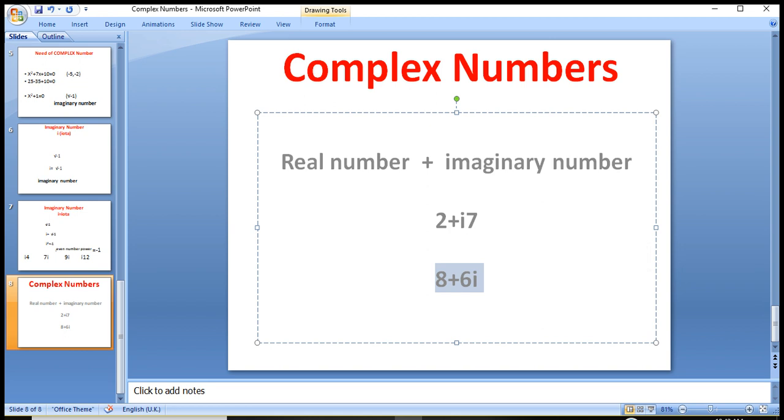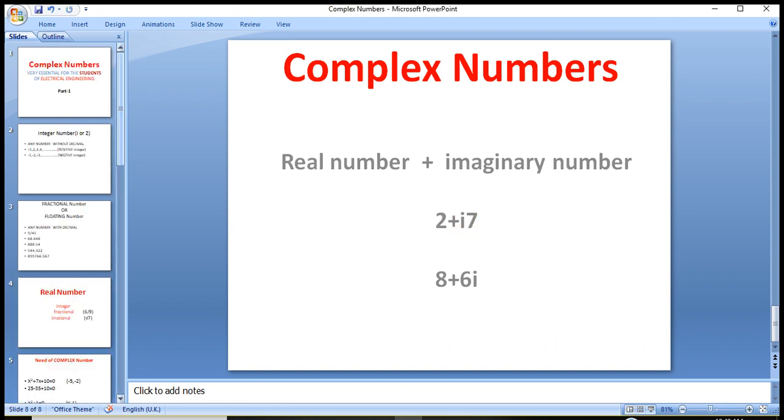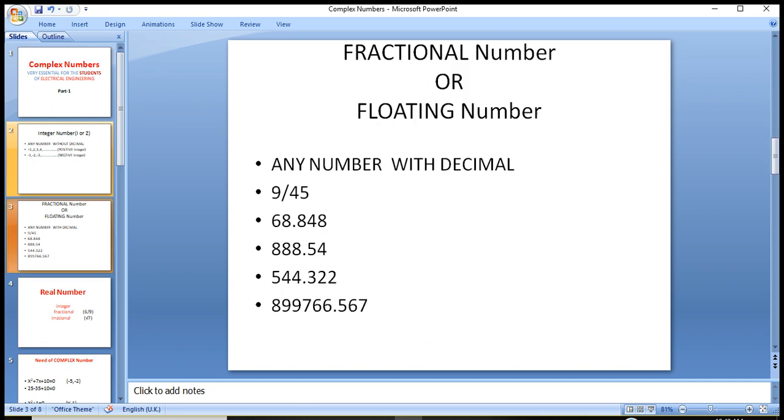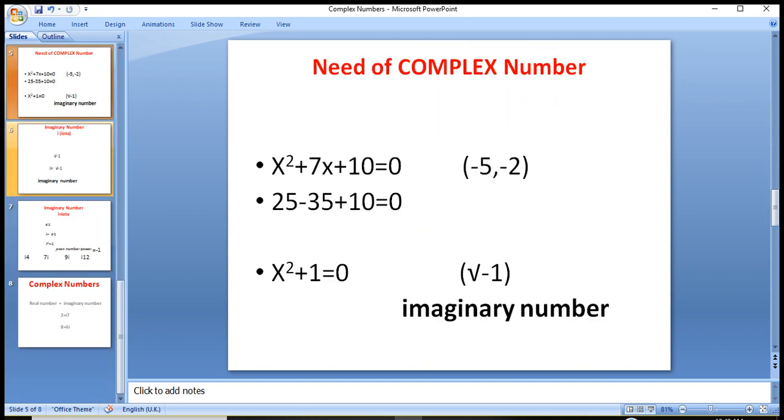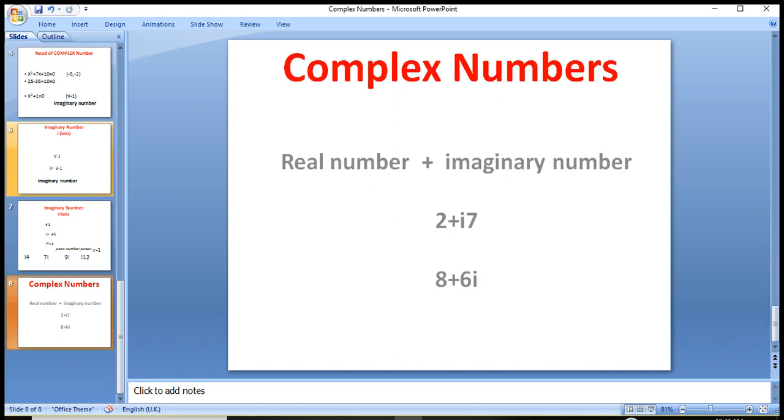So in this session, I have taken only the complex number basics. For knowing these numbers, we should have the knowledge of integer numbers, floating numbers, real numbers, and the need of complex numbers, and why we use complex numbers.